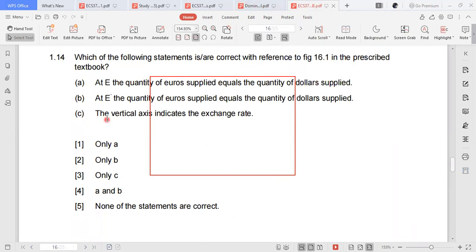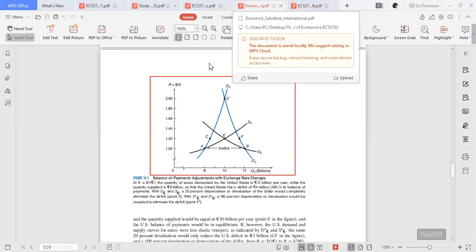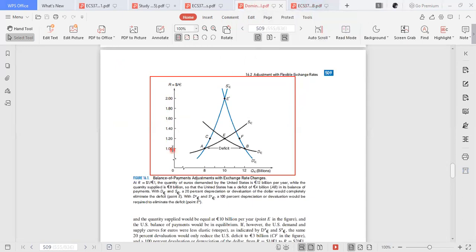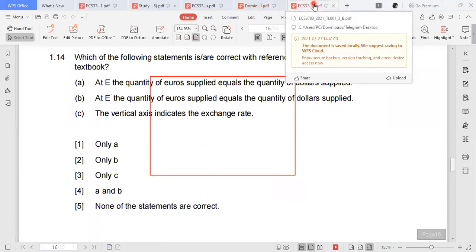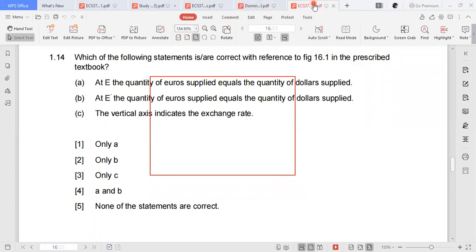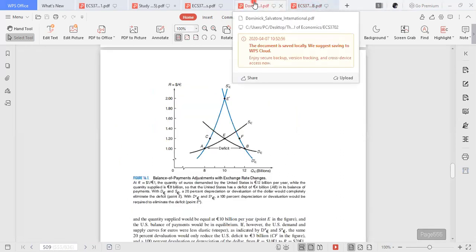C, the vertical axis indicates the exchange rate. What do you think? Option 3. You say 3. The vertical axis. I support.